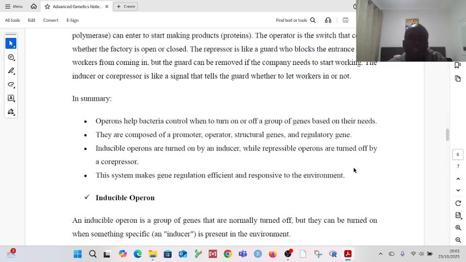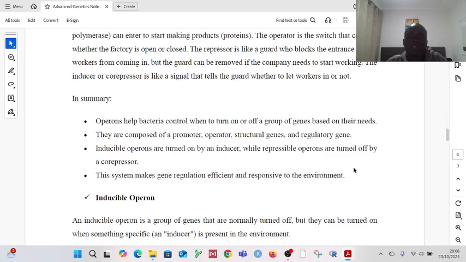Operons are made up of the promoter, the operator, the genes within that are either supposed to be turned on or off, and another regulatory gene that is outside the operator. The work of the regulatory gene is to make the repressor protein.